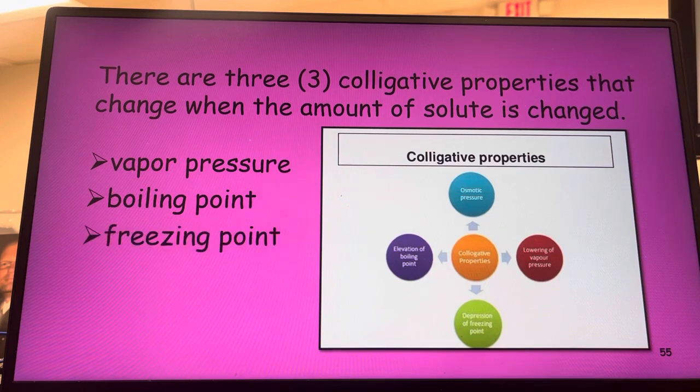And freezing point is another. We're not going to talk about osmotic pressure, but that is a colligative property. Last year in biology, you learned about osmosis, and that there's a pressure that pushes particles across an osmotic membrane. We're not going to talk about that in this class. So the three that you have to know are vapor pressure, boiling point, and freezing point.